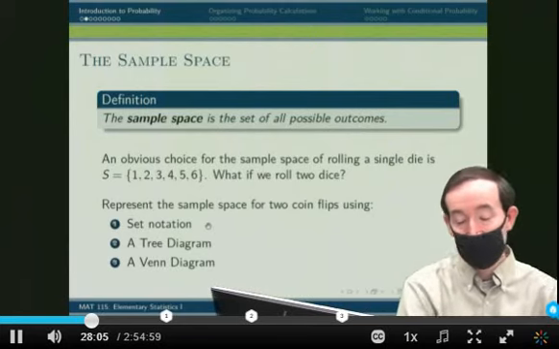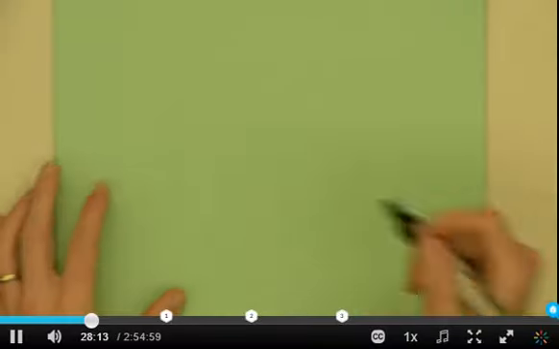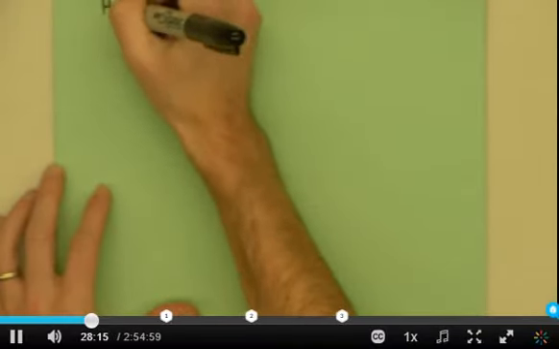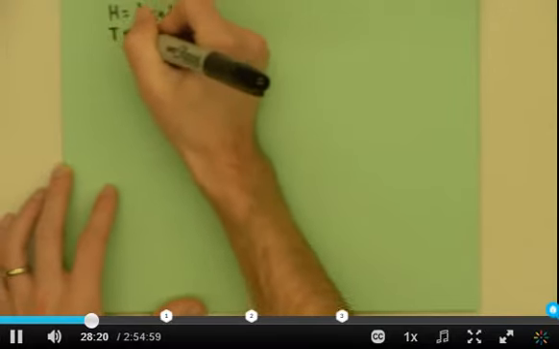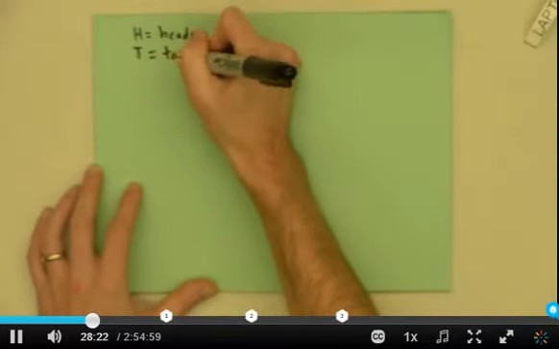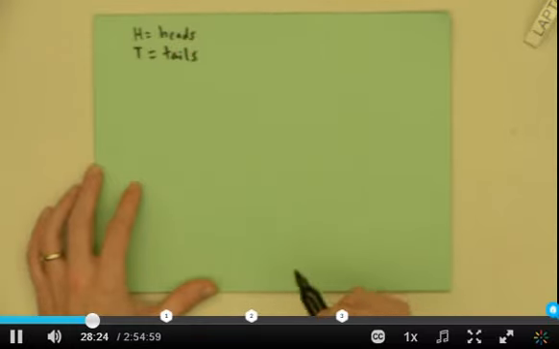So when I want to represent two coin flips, I need to have a notation for the outcome of each coin flip, right? And so I'm going to use H to be heads and T to be tails. Okay?